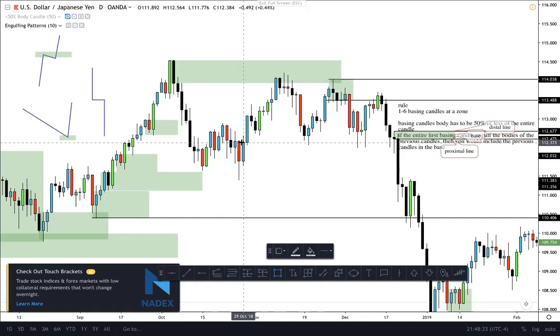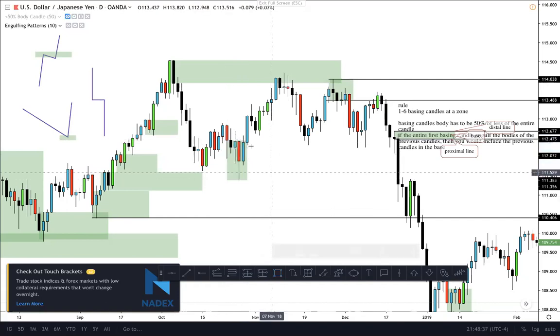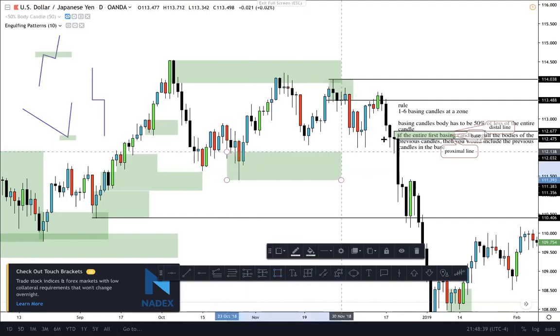The first candle is not really a basing candle, but we could identify that as a base, right? So you would draw it something like this: the highest body to the lowest wick, and you stretch it out. Then you can see the market reacted from it very well twice, right?